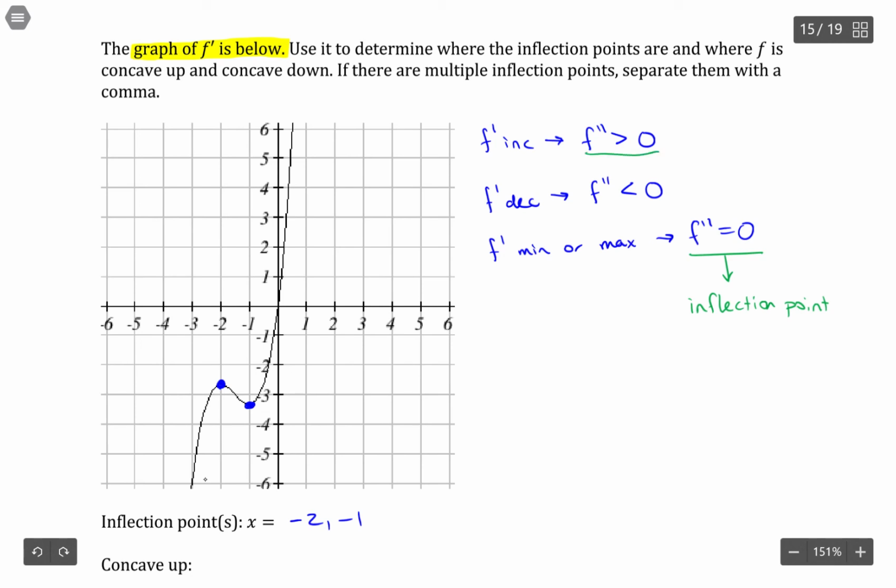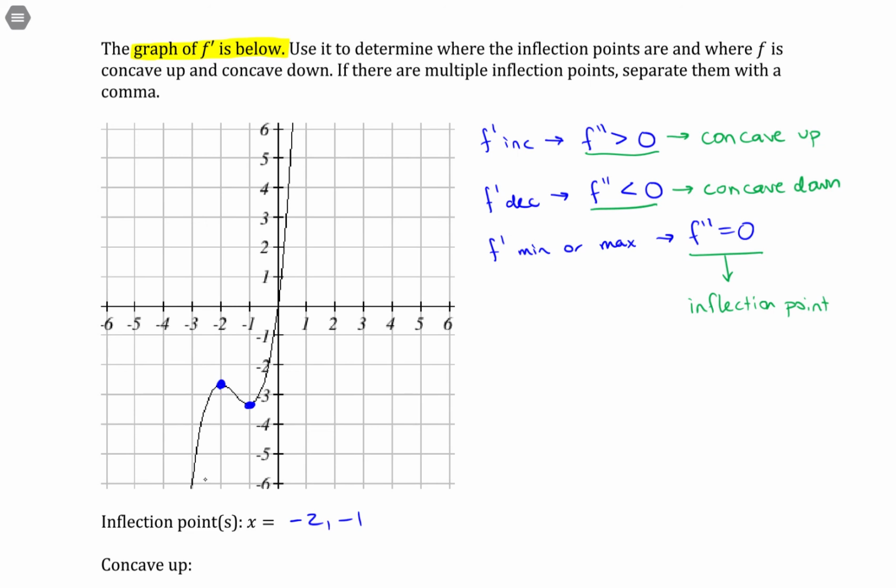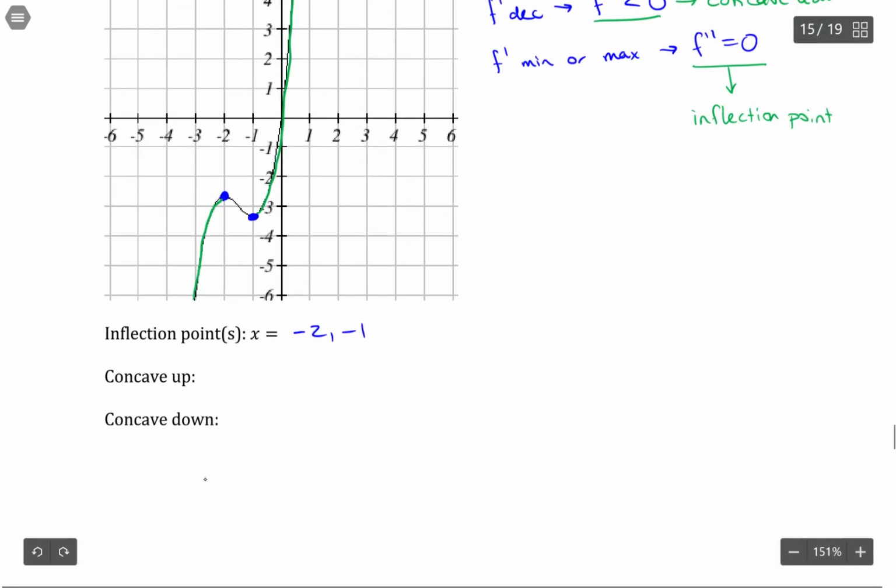And what's important about that is if the second derivative is greater than 0, that tells me I'm on an interval that is concave up. And if the second derivative is less than 0, it tells me I'm on an interval that is concave down. So, taking a look at that, whenever the first derivative is increasing, so for instance this interval here and this interval here, I am concave up.